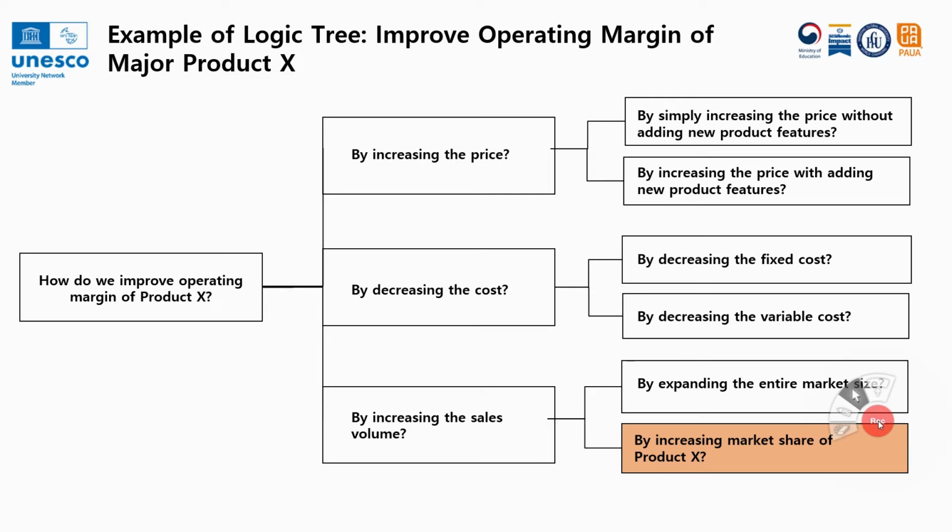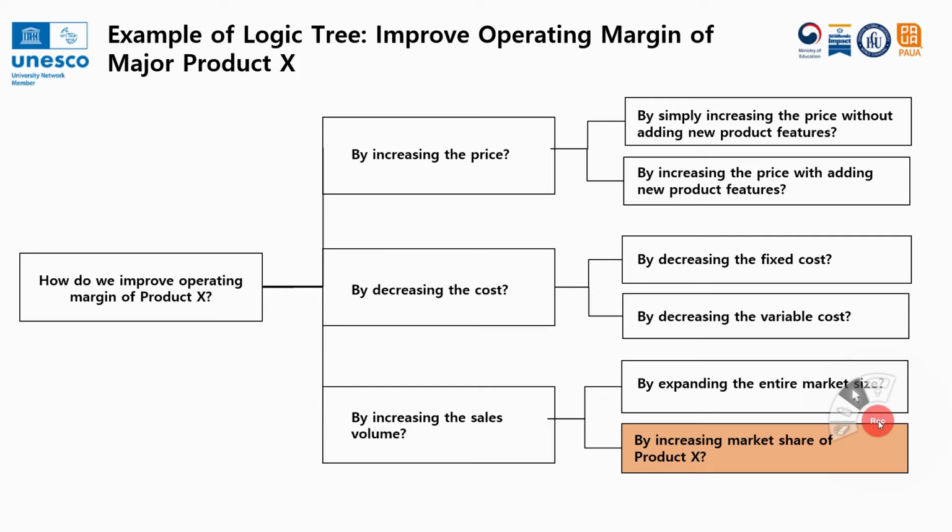With the same logic, option number 2, decreasing the cost, can be divided into two different sub-solutions, or deeper solutions. One is decreasing the fixed cost, or decreasing the variable cost.